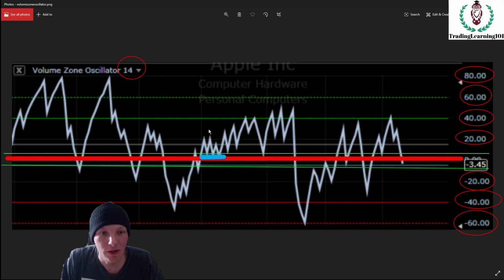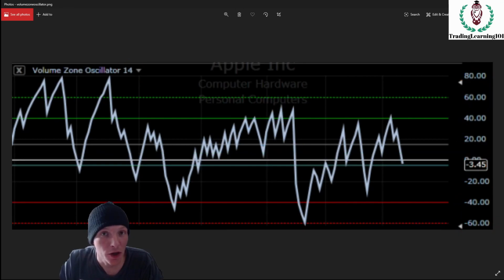And when it bounces up higher into this 20 zone and then touching the 40 zone up here, and even going up to the 60 zone, these are the areas you'd be looking to sell it. If you were to get in right there and it blows right through it, that's a sell. You would sell it for a loss. But you could also buy that, just acting as support, and then selling it when it comes up to resistance.